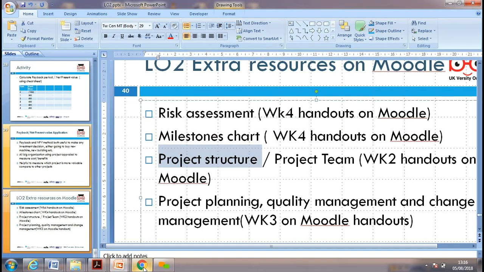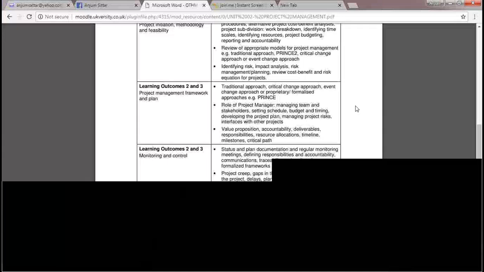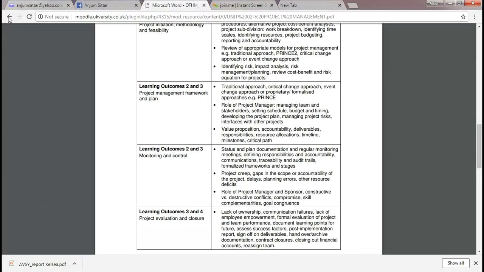Project structure? Yes. It's basically the components of the project, like how the first thing needs to be done, then the second thing, the third thing. It's like a project organization that facilitates the coordination and implementation of all the tasks and activities of a project. Brilliant.